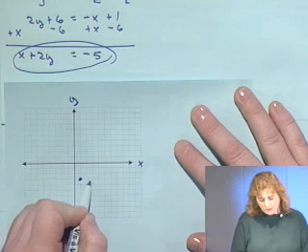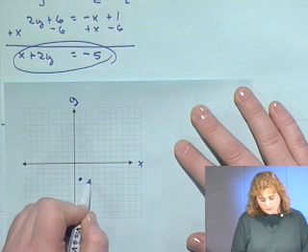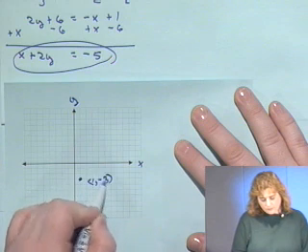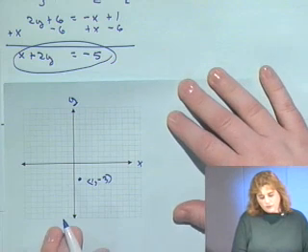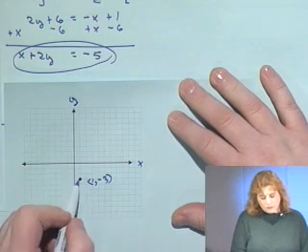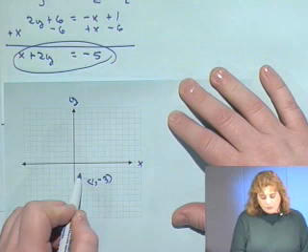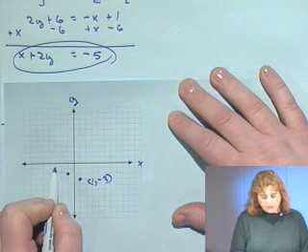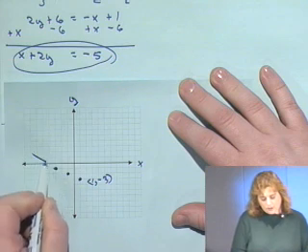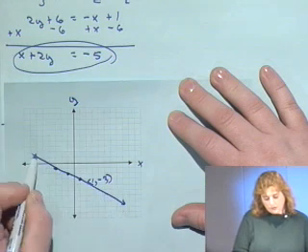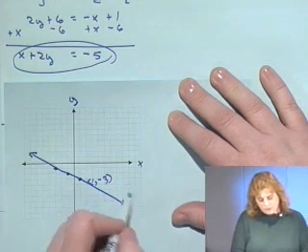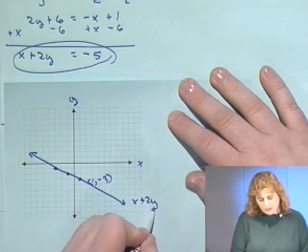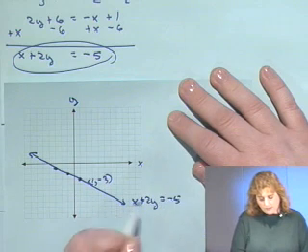So that one's right here. And we have a slope of negative 1/2, so up 1 and over 2 to the left, up 1 and over 2 to the left, and there's our perpendicular line. x plus 2y is negative 5.